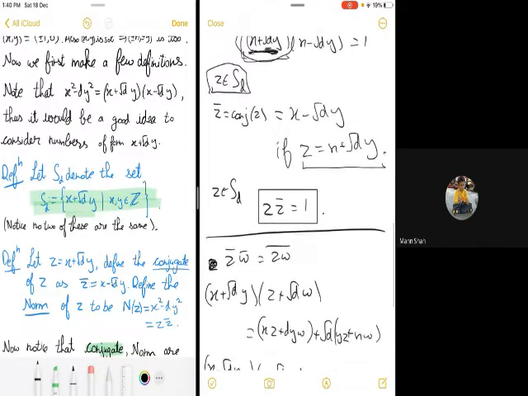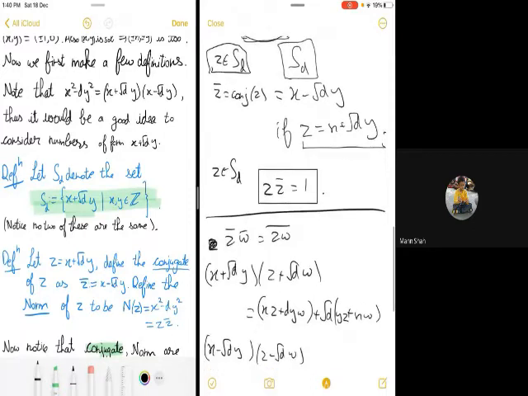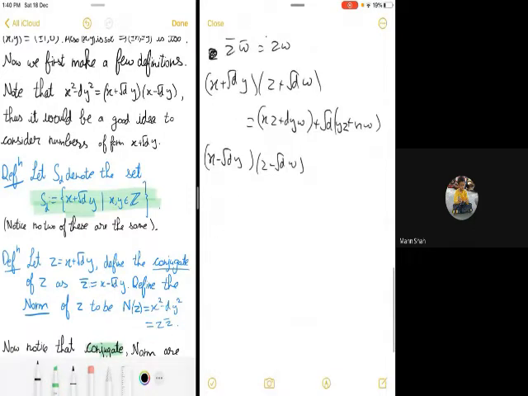So conjugation is a well-defined notion over this set, and again because of that very property, if we expand this, we get this.